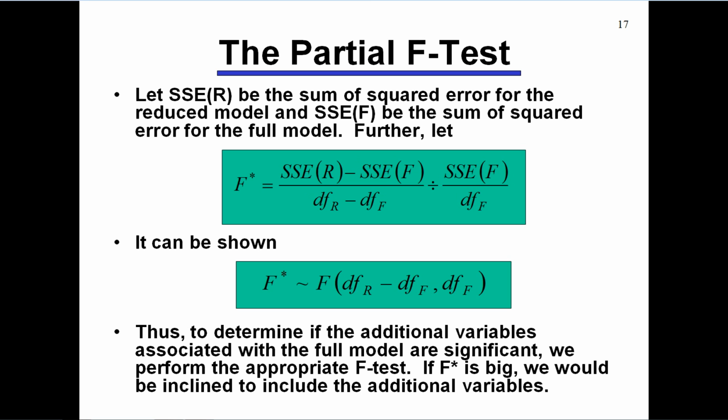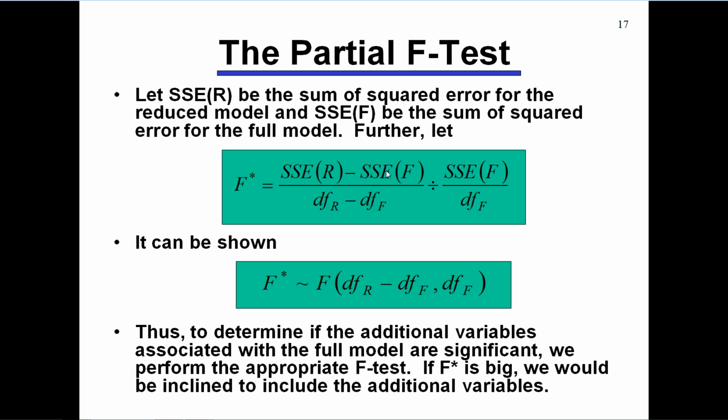Now clearly, if f is big, we'd be inclined to include additional variables, because if f is big, then that means the sums of squares error for the full model was much smaller than the sums of squares error associated with the reduced model, which means then that adding additional variables to a smaller model significantly decreased the sums of squares error, which is what we would want to have happen.